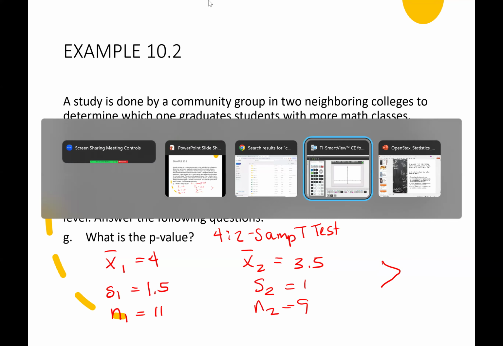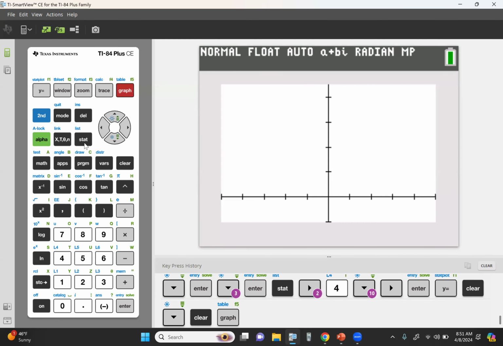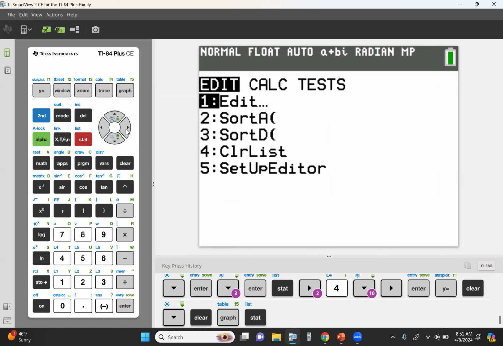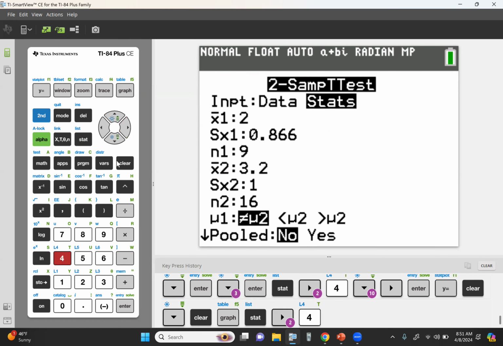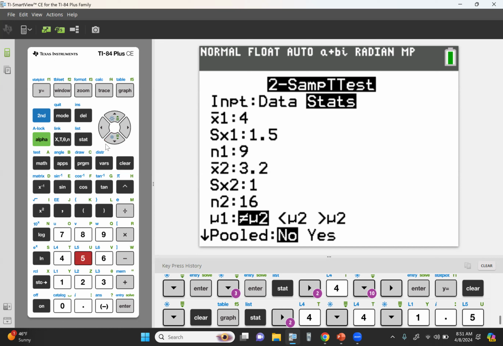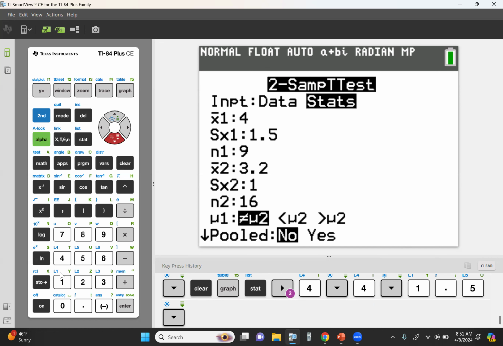Okay, so let me go to my calculator. Stat tests. Number 4. We had that college A had 4 math classes with a standard deviation of 1.5. And the sample size was 11.